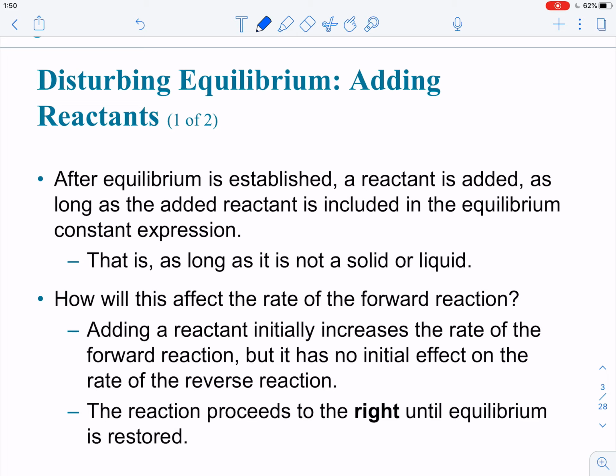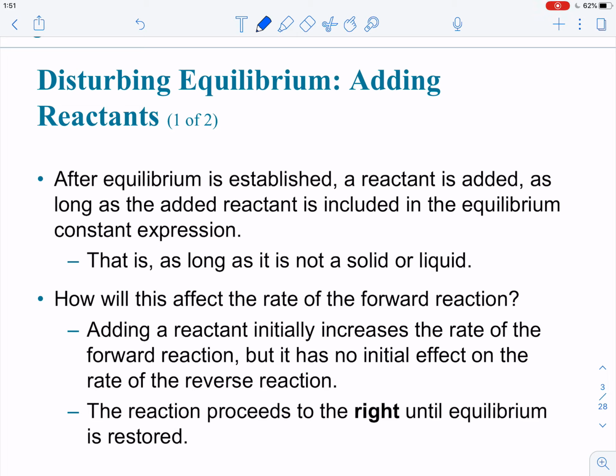Okay, now there is a catch, because we have gone through heterogeneous equilibrium, and in heterogeneous equilibrium, if it's a pure solid or pure liquid, there is no impact. So if you're adding more reactant and the reactant is a solid, nothing is going to happen.